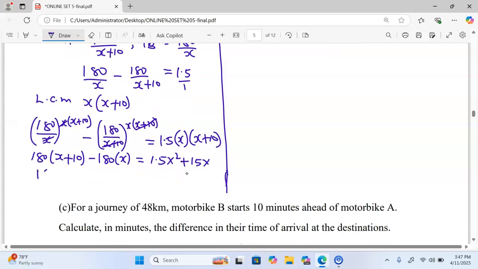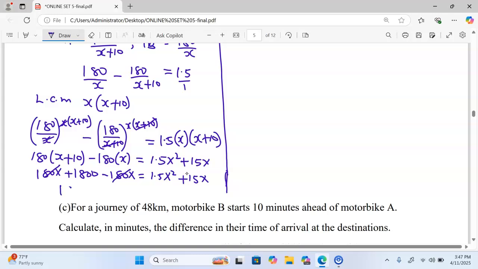From here now we can open the brackets again. 180 times x will give us 180x. 180 times 10 you get positive 1800, minus 180 times x you get minus 180x, and this is going to give us 1.5x squared plus 15x. Once we have done that, we can now collect the like terms together. 180x minus 180x will give us 0.